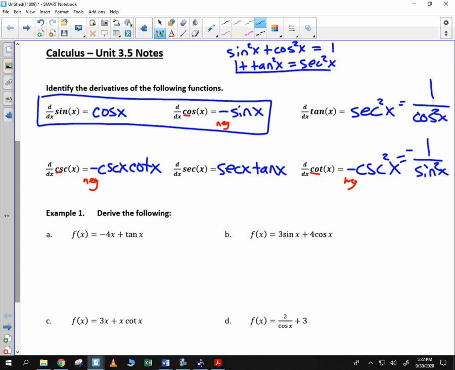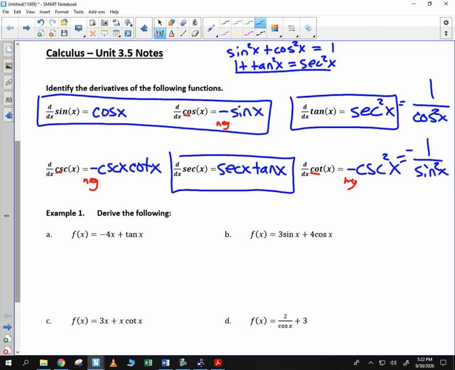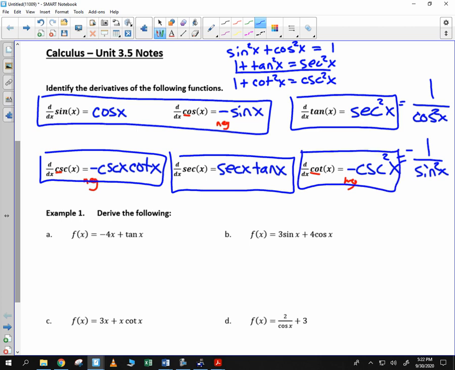Look at how tangent and secant are related, which brings you to that one and to that one. And finally, 1 plus cotangent squared of x is equal to cosecant squared of x. Notice how nicely that brings you to cosecant, cotangent, cotangent, and cosecant. So there are relationships that have existed that we've talked about before, okay?